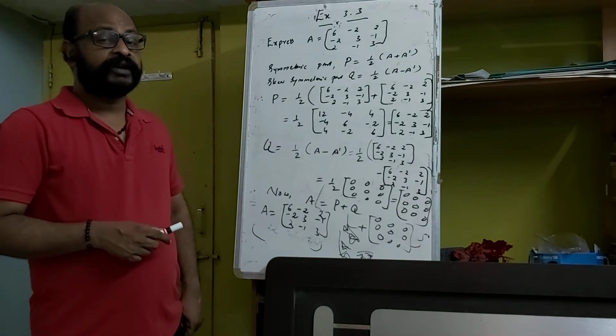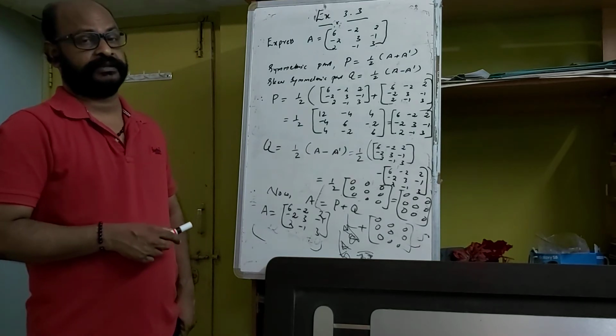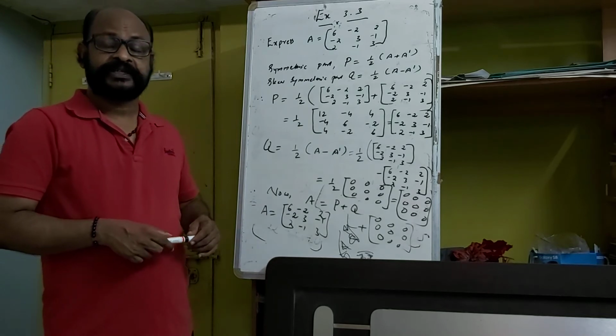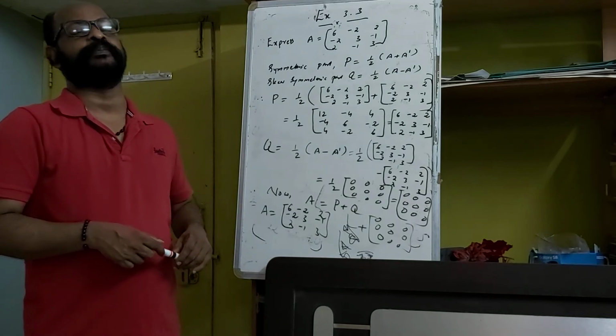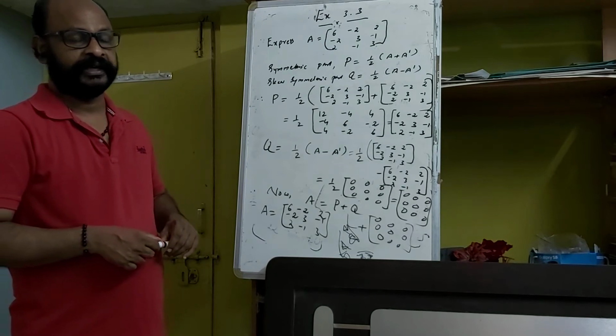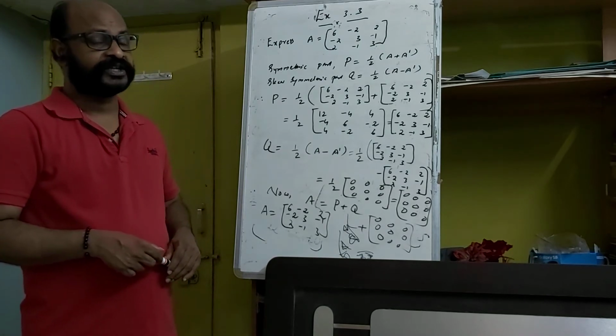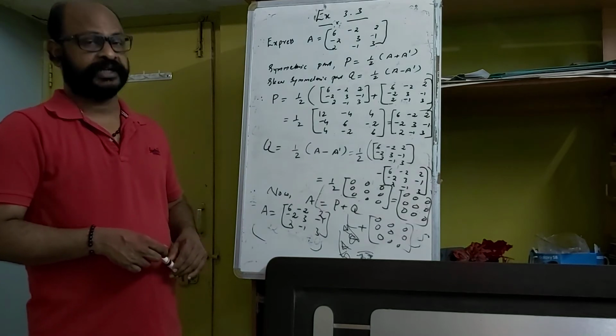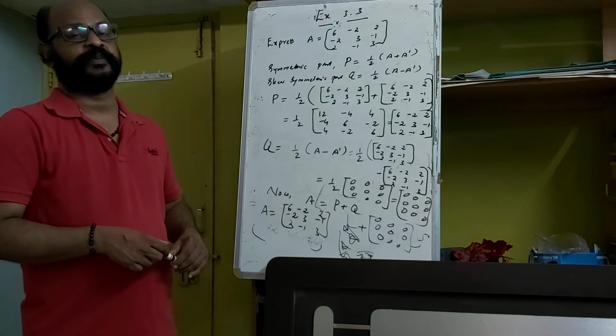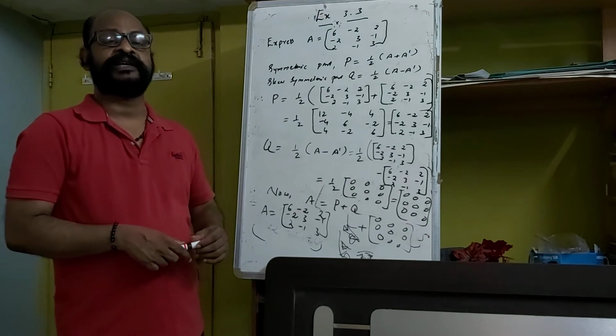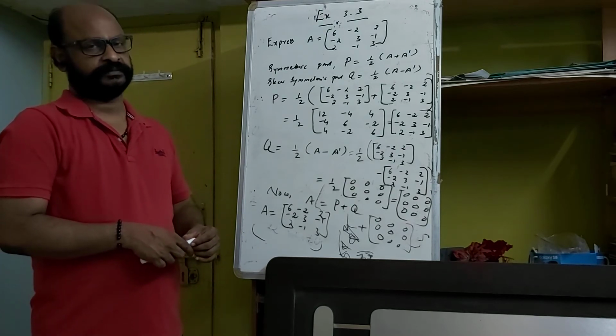Okay, so what we have to make out here is, if the given matrix itself is symmetric, then while expressing the matrix as the sum of a symmetric and skew symmetric matrix, the skew symmetric part is going to be a zero matrix. Clear?